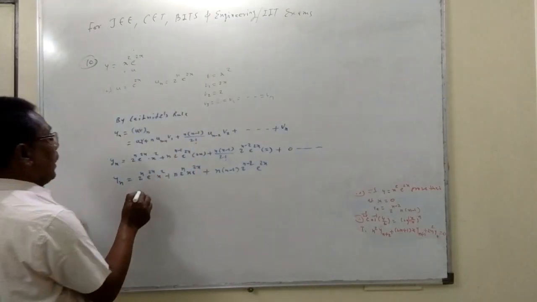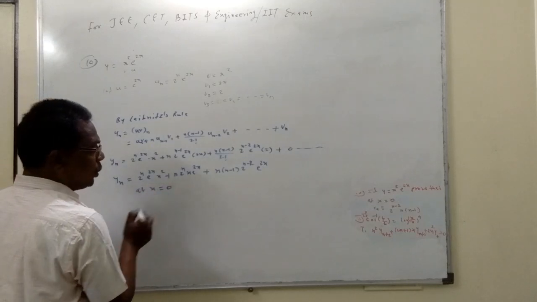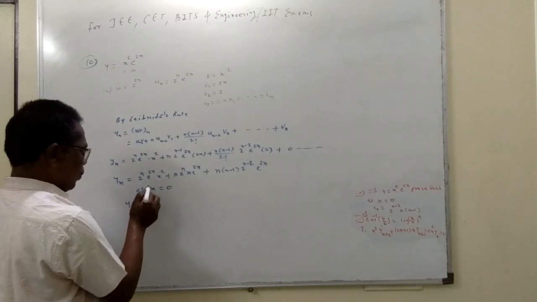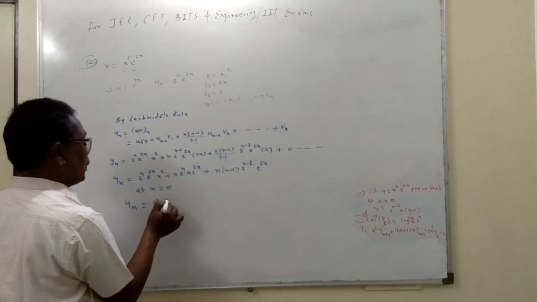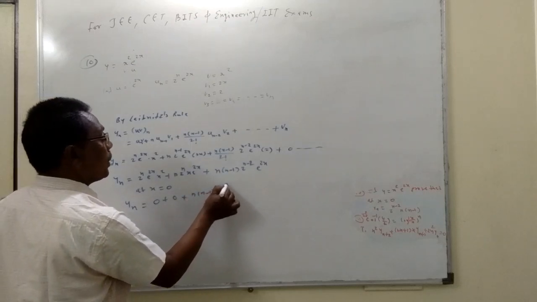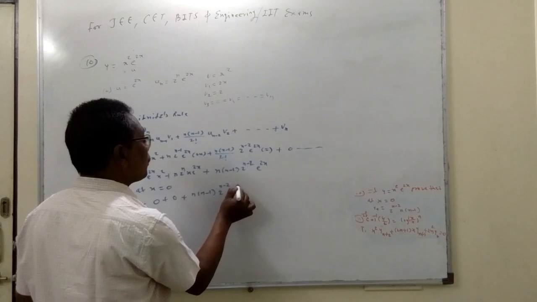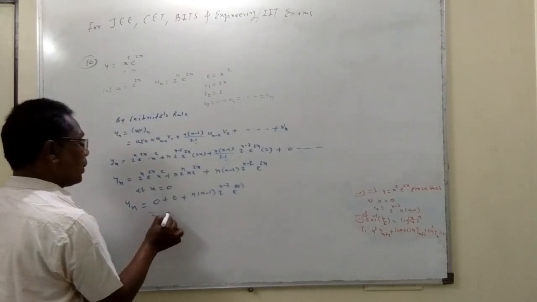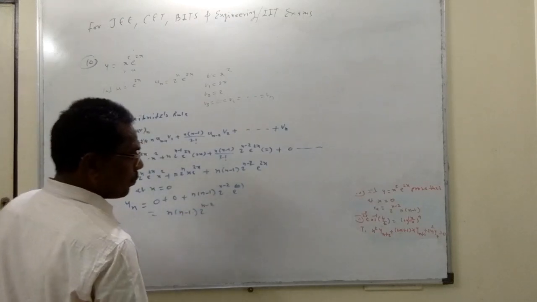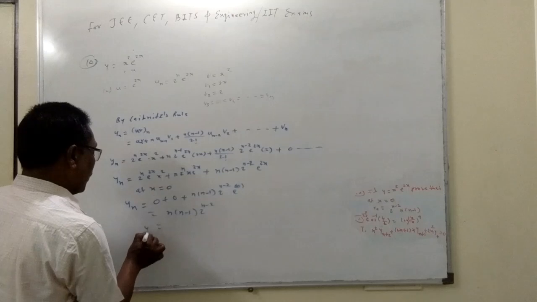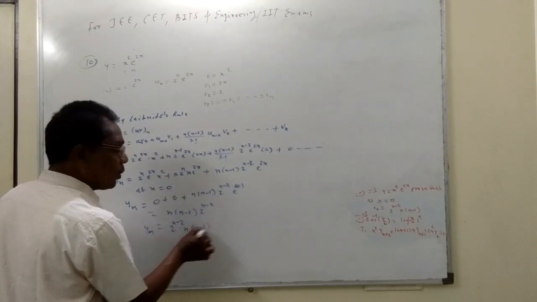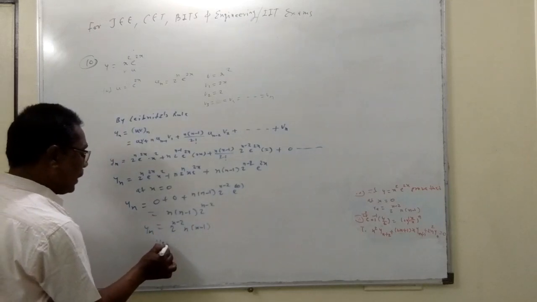Now at x is equal to 0, if you put x equal to 0 here, we get 0 plus 0 plus n into n minus 1, 2 raised to n minus 2 e raised to 0, and e raised to 0 is 1. So y_n at 0 is equal to 2 raised to n minus 2 into n into n minus 1, that is the result.